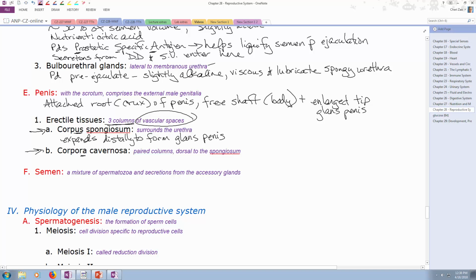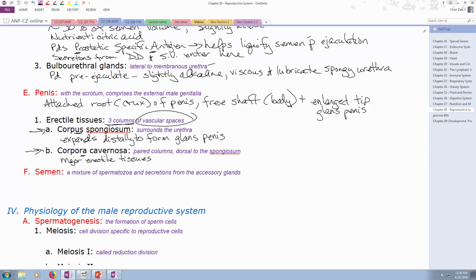The corpora cavernosa are paired columns dorsal to the spongiosum, and are considered the major erectile tissues. The process of erection involves vascular engorgement.